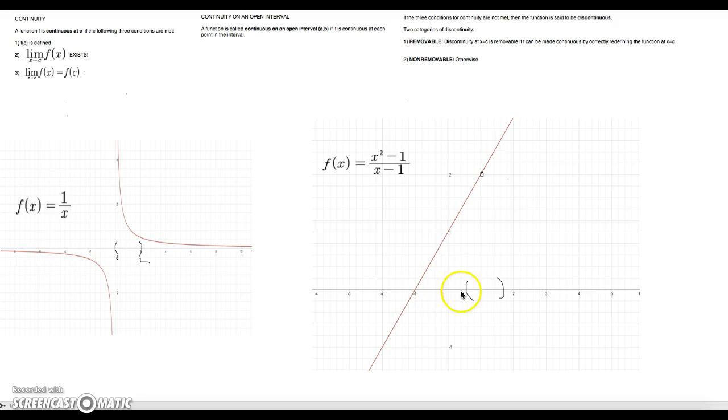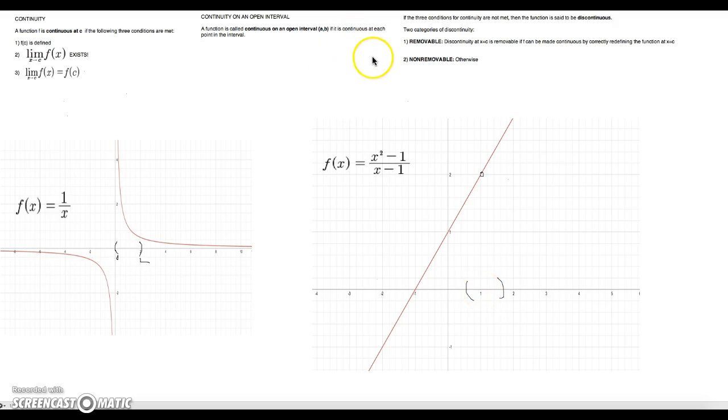This function seems to have a problem at 1, obviously. If you look at the denominator, it would be 0 at 1. And up here, obviously, this is a point of discontinuity. So f of 1 is not defined, so this is not continuous.